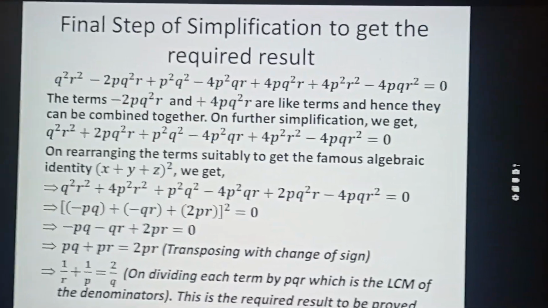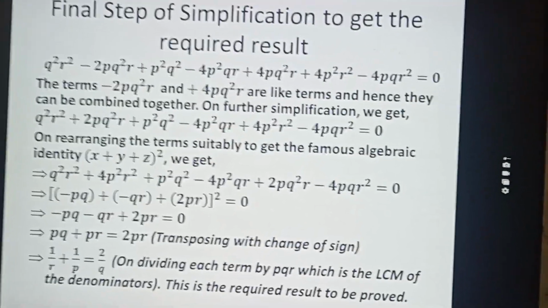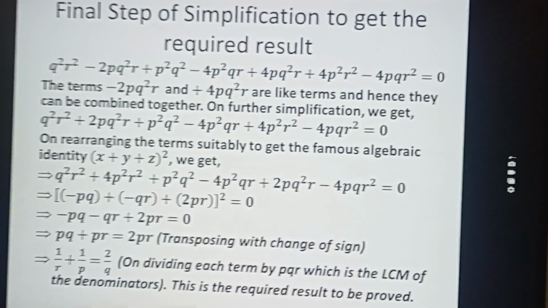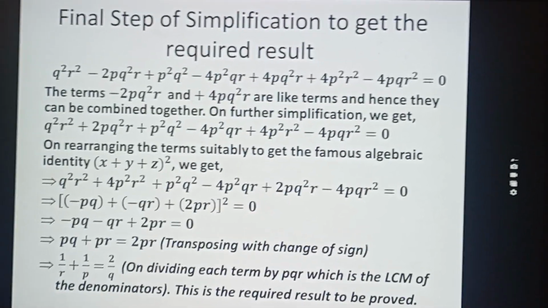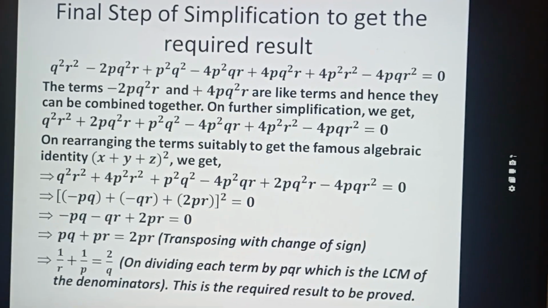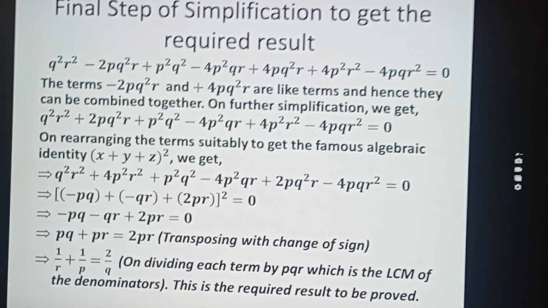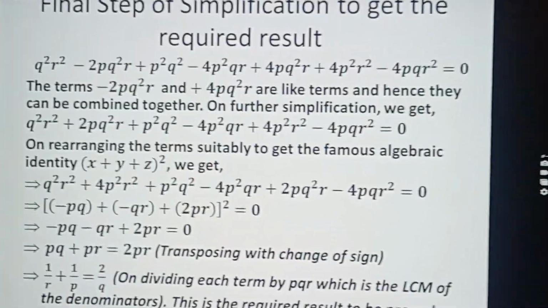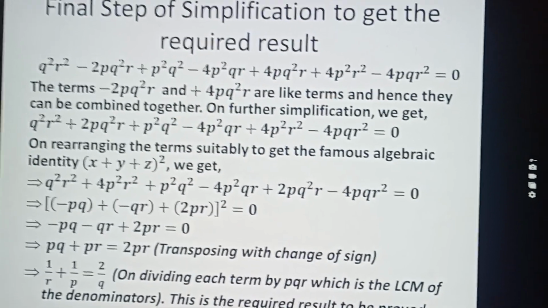This question is rather complex in terms of manipulation skills. It requires a high level of manipulation skills. So this is important, how we simplify. See, q squared r squared, we got it in the previous step.